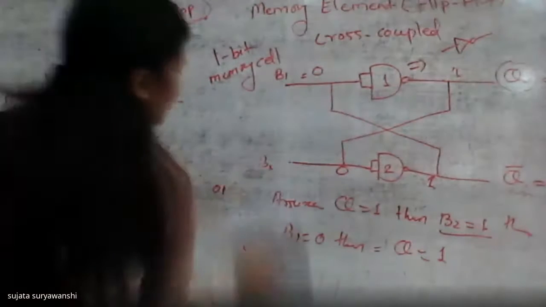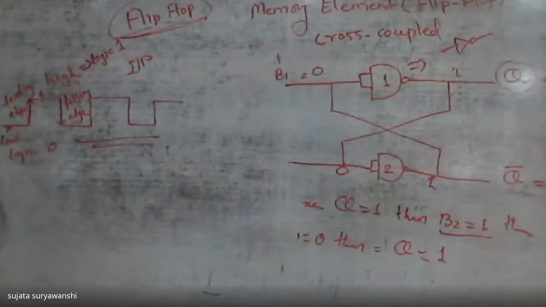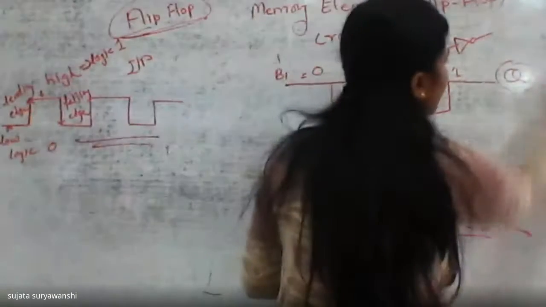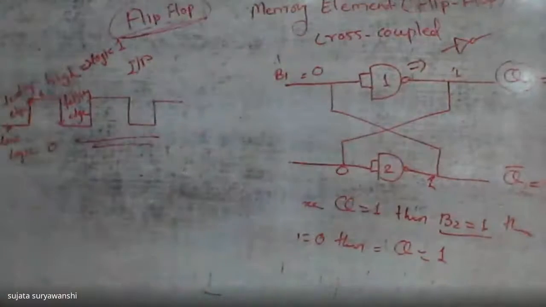Okay. So here, as per the previous discussion, when Q is equal to 1, then Q complement becomes 0.